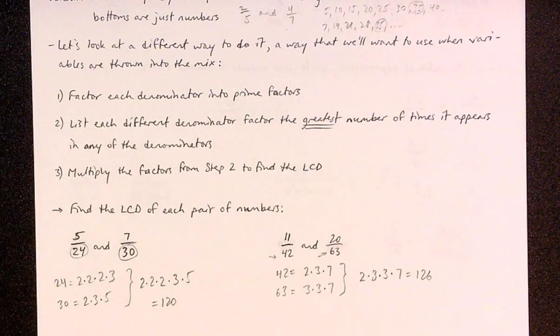So we rewrote these things as a product of numbers that we couldn't break down further. We looked at these two numbers that were in prime factored form. It's a bit of a recap of a vocab phrase that we saw earlier on in the course. And we said, okay, what's the larger number of times that prime is showing up? So we took the larger number showing up, and then we just multiplied those things.